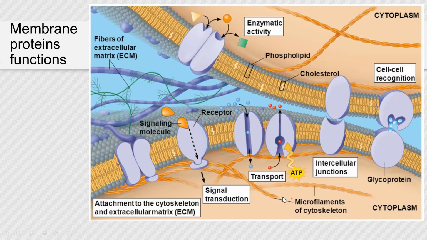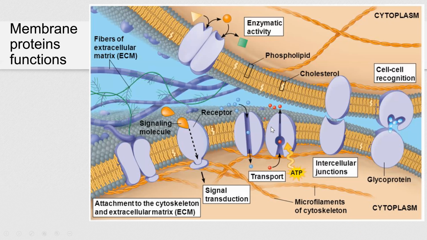Maybe they want the cell to start breaking glycogen and release glucose, or maybe they want the cells to divide. Right, so anyway, when a cell receives those signals, some of these signaling molecules cannot move inside the cell. Instead, they will be attached to a receptor protein and transduce, or send, the signal from outside to inside, and the cell will respond.